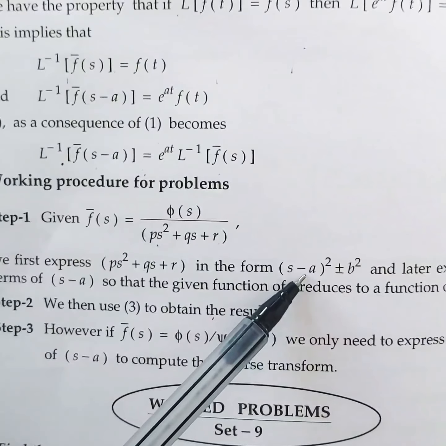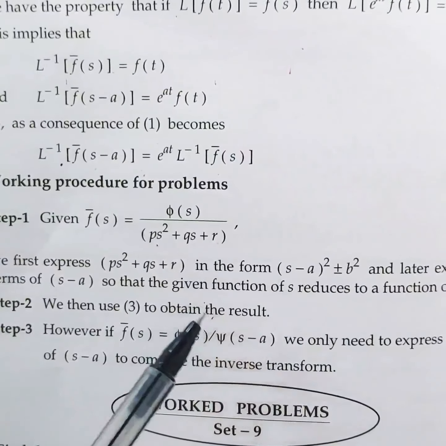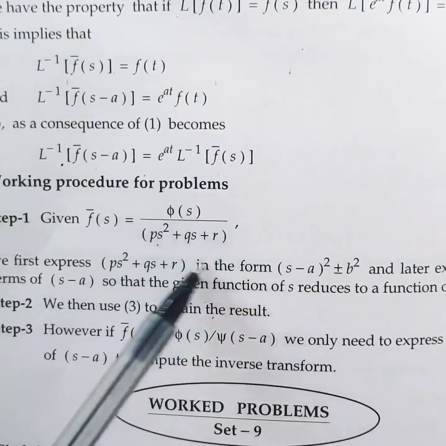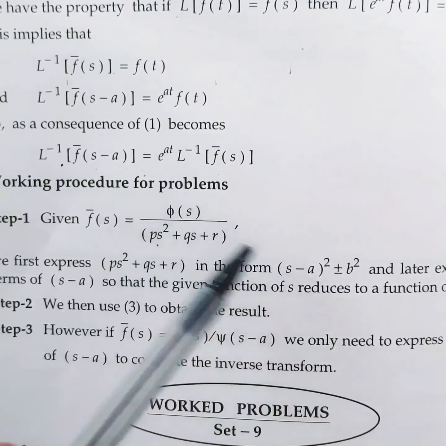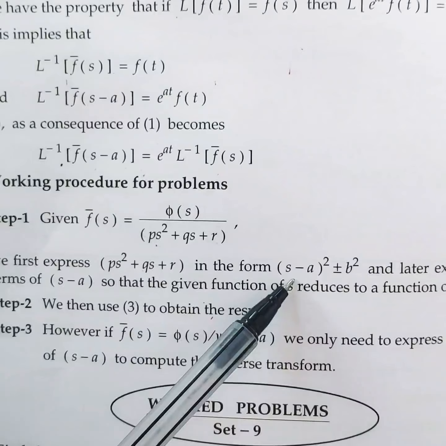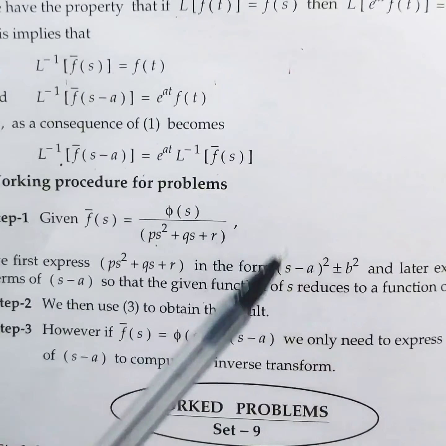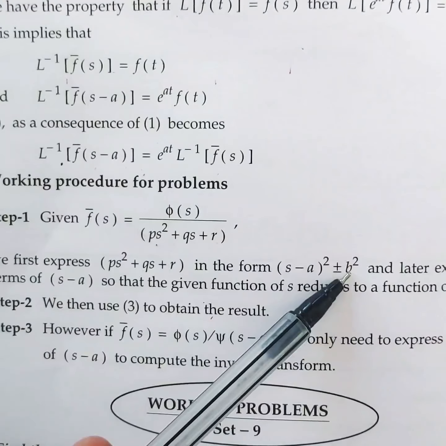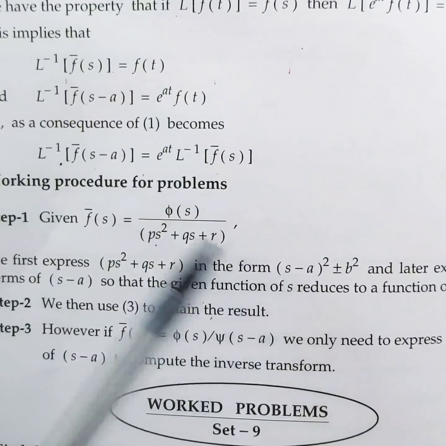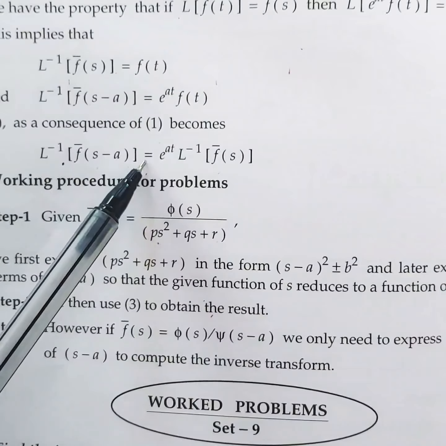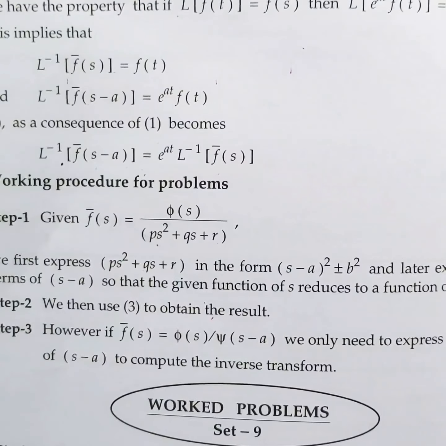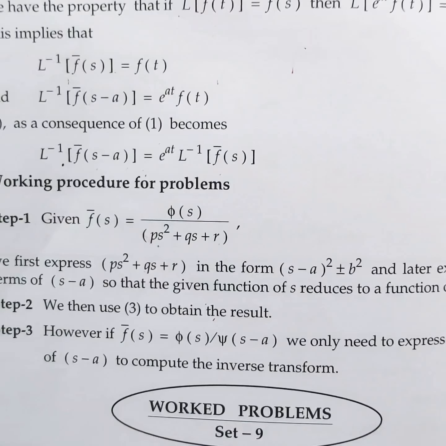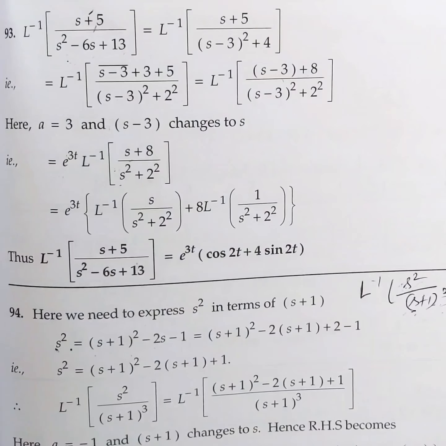In this case, we will shift it back to s by using this property. So the idea is first I have to write the numerator and denominator in this format. S minus a should be there in the numerator, denominator also s minus a the whole square plus or minus b square. Then we will shift it back by using this property, and then applying inverse for a small function will be easier. Now let's see few problems.